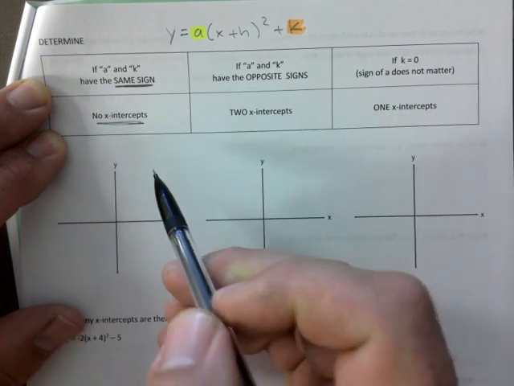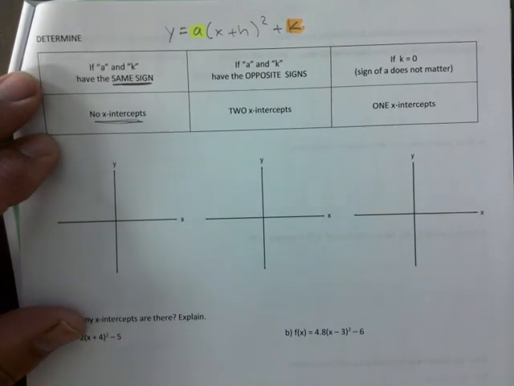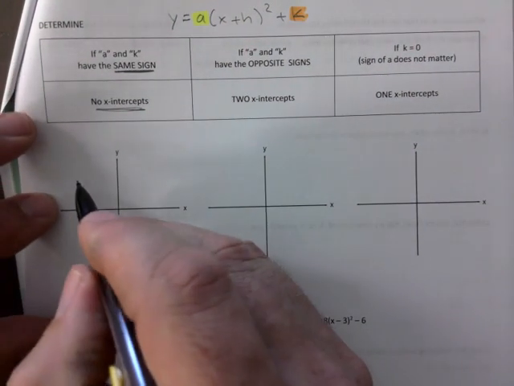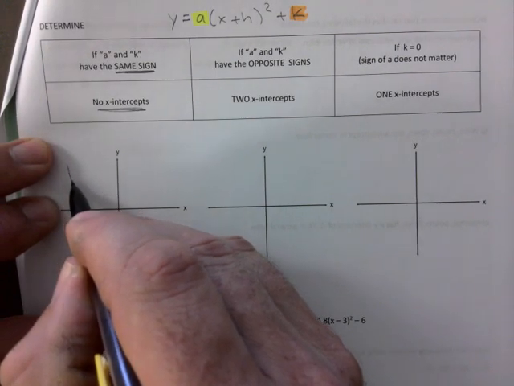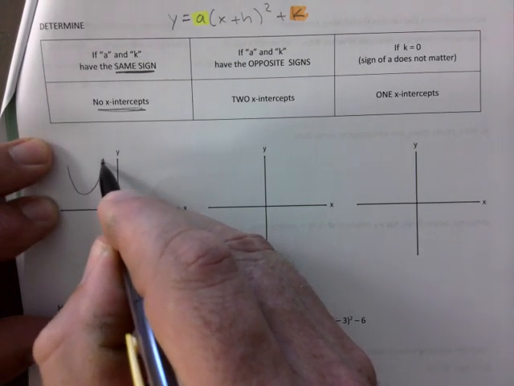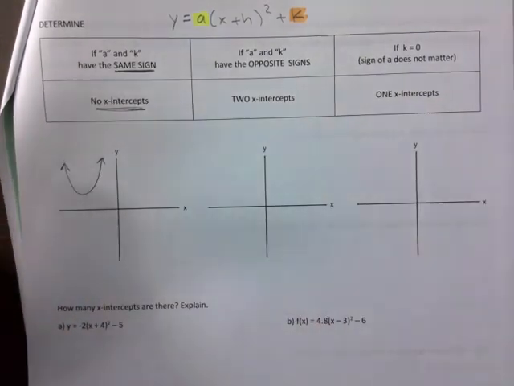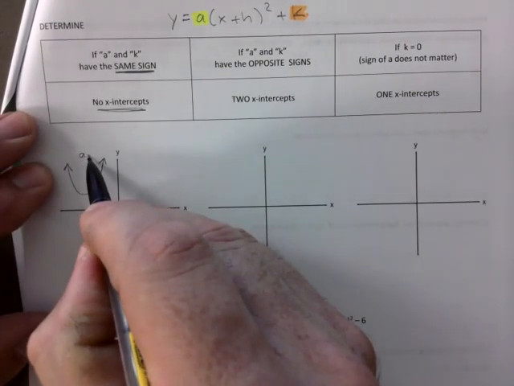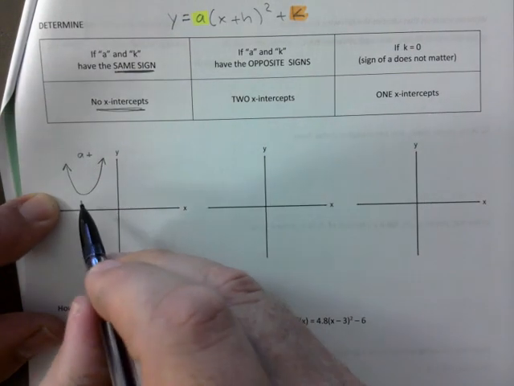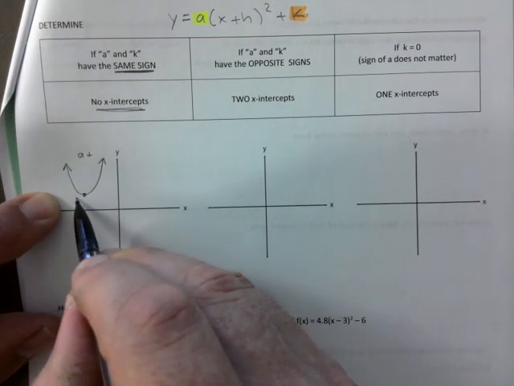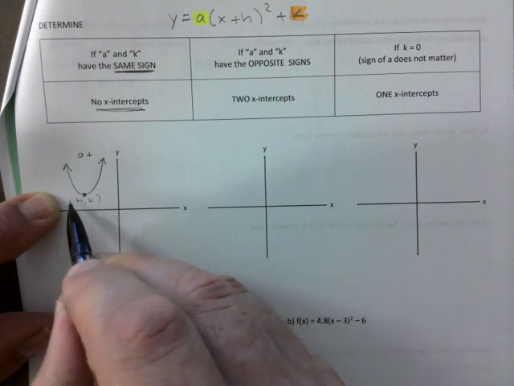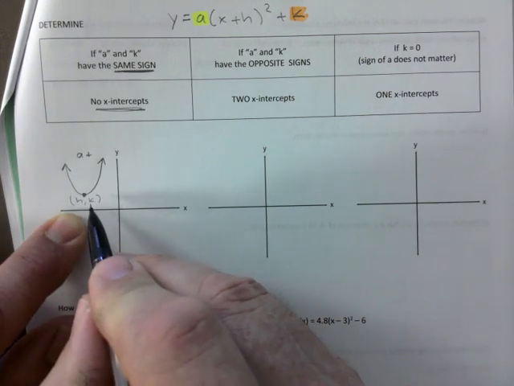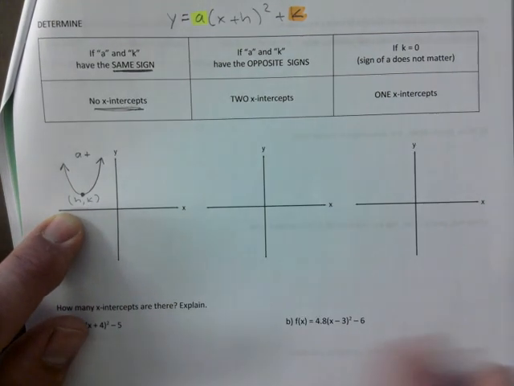there will be no x-intercepts. Why is that? Well, if a is positive, then you're pointing up. In the scenario where a is positive, this would be (h, k), the coordinates of that vertex.